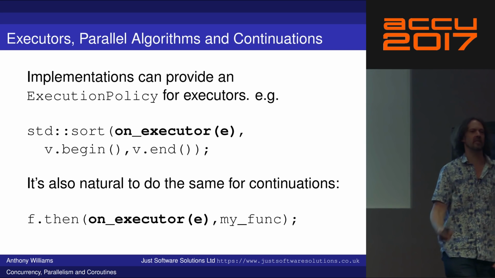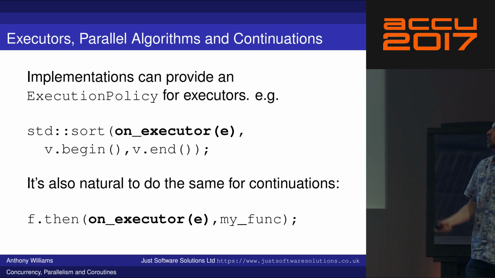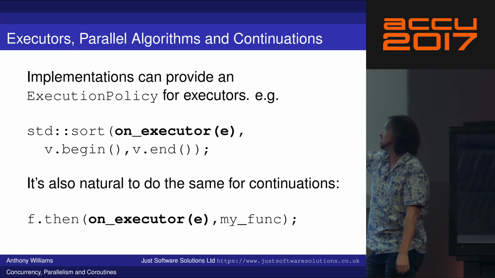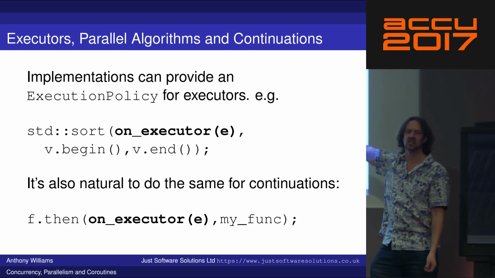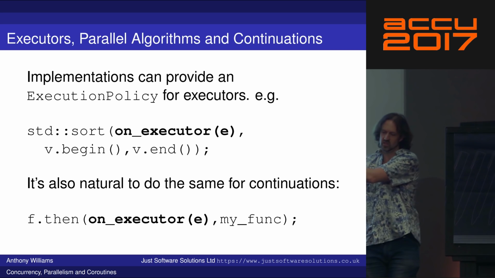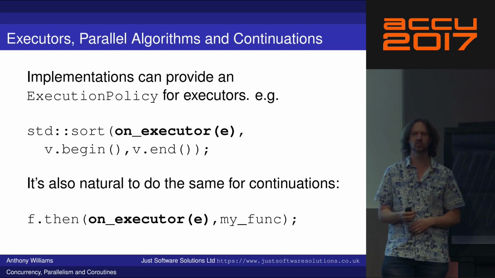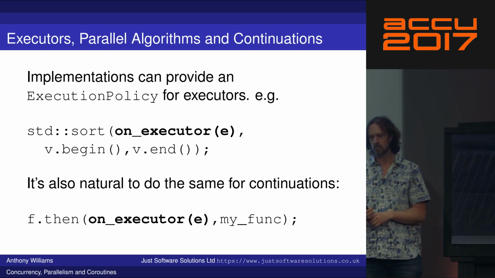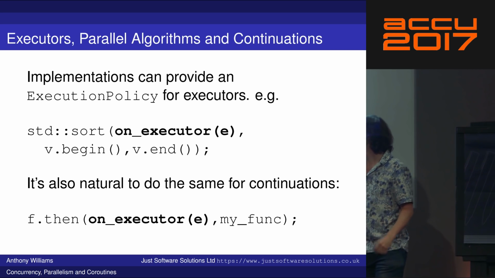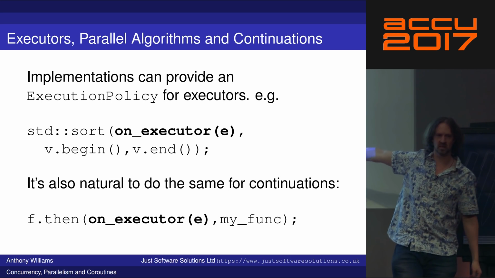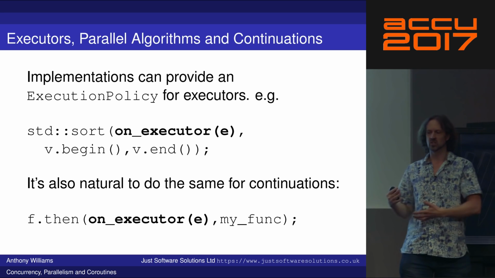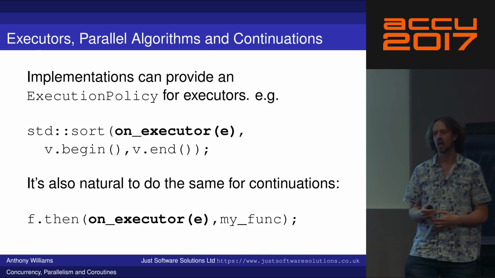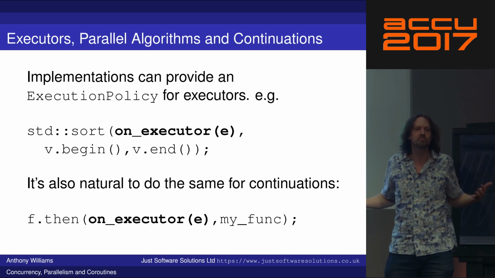They can also work with parallel algorithms. So you could, for example, provide an execution policy of, on some executor E, run all my functions. Whenever you're spawning new tasks, use that. And again, for the continuations, you could provide an on-some-executor type continuation. So this pulls it all together.